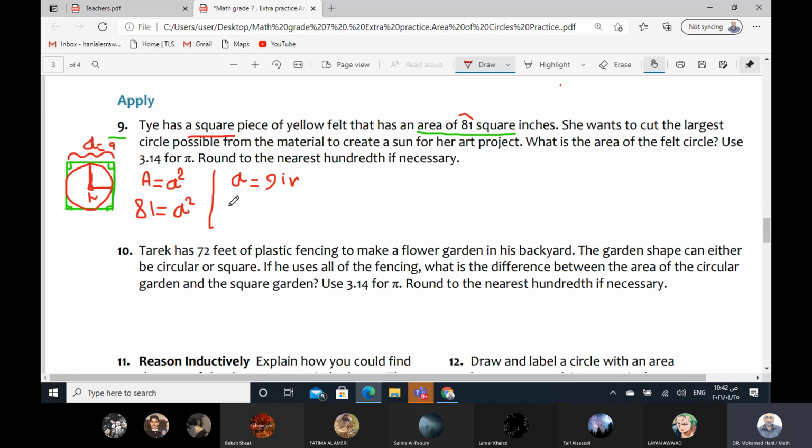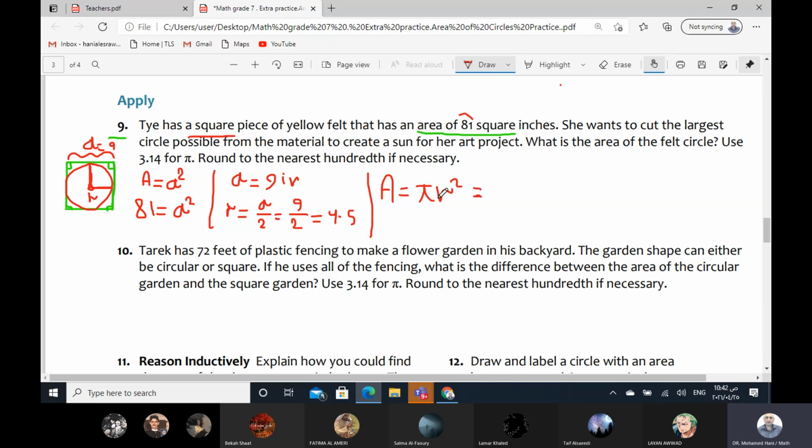So r equal a divided by 2, means 9 divided by 2, will be 4.5. Now we know the radius, we can write the formula of the area of the circle, pi r squared.